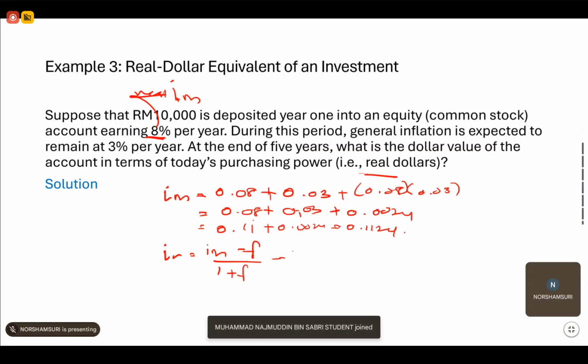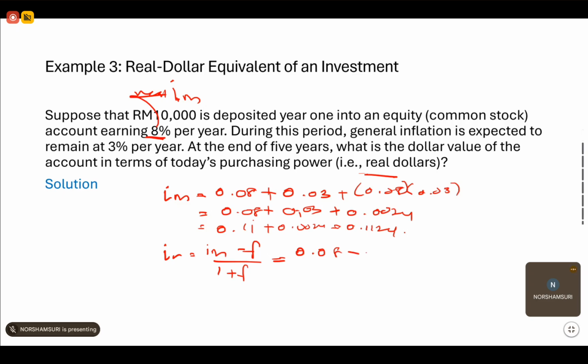So i market is 0.08 minus 0.03, divided by 1 plus 0.03. So you get 0.08 minus 0.03, which is 0.05, over 1 plus 0.03.